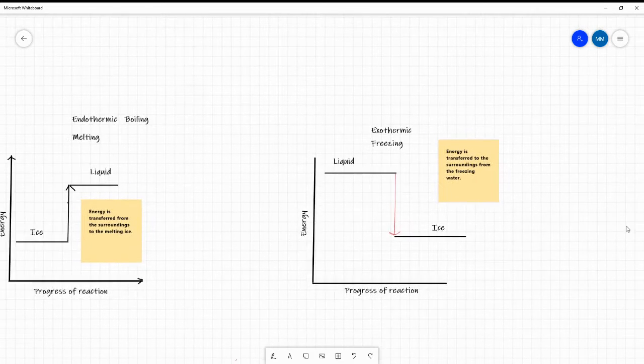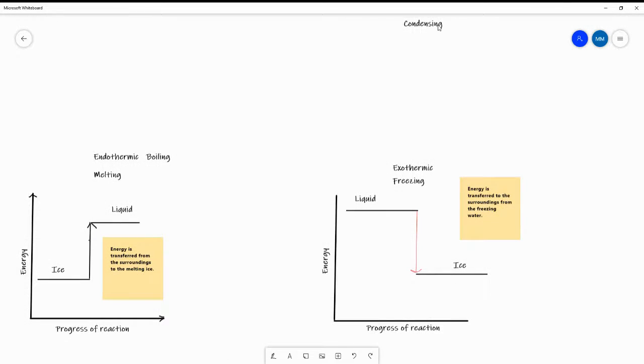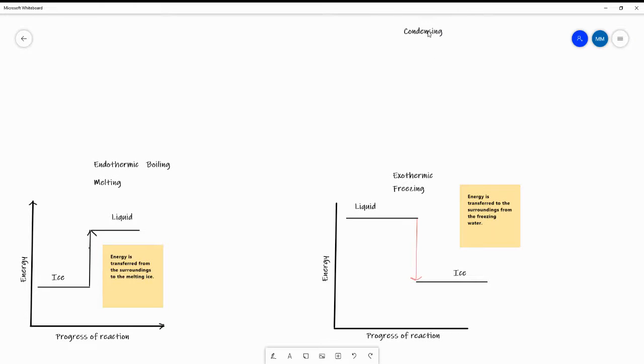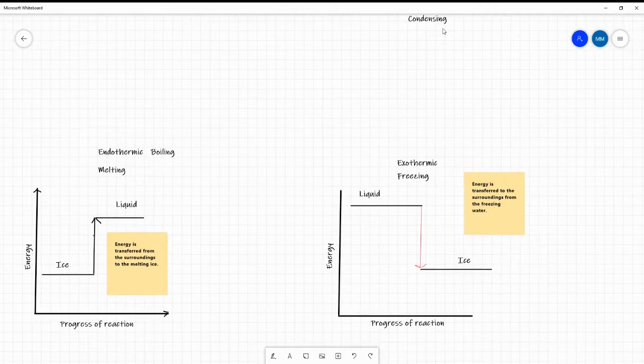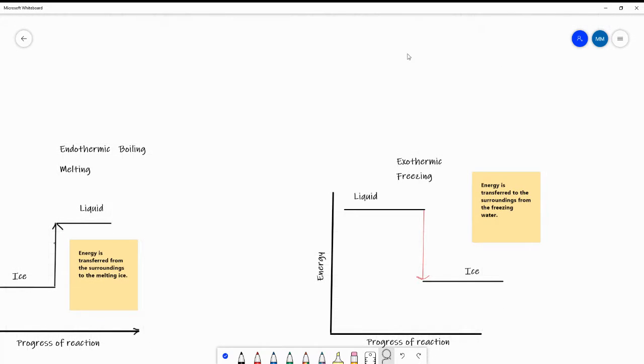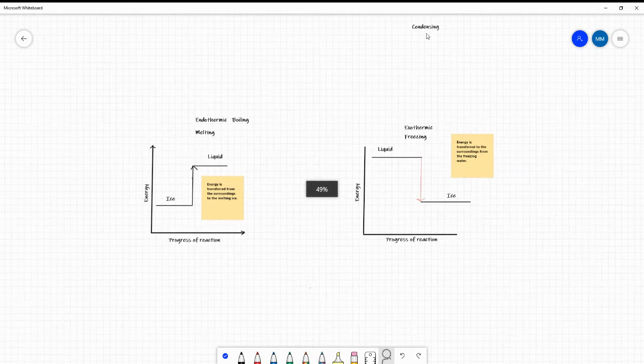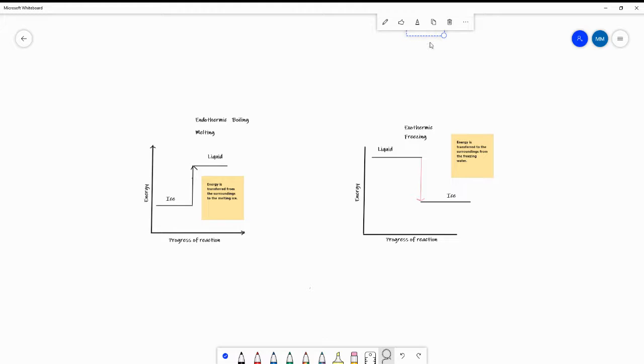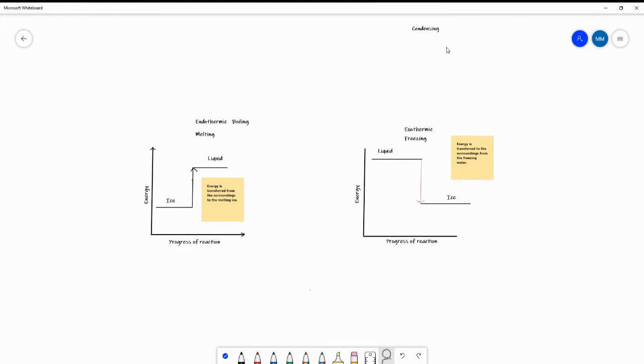And just one last thing. If you're going from a liquid to ice, and if you go from a gas to a liquid, another example would be condensing, which would be there.